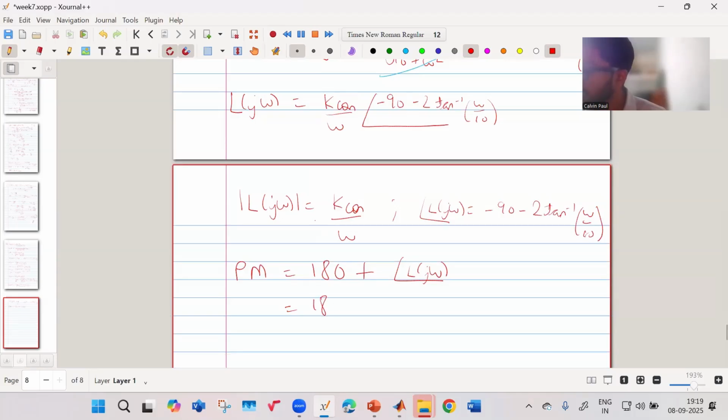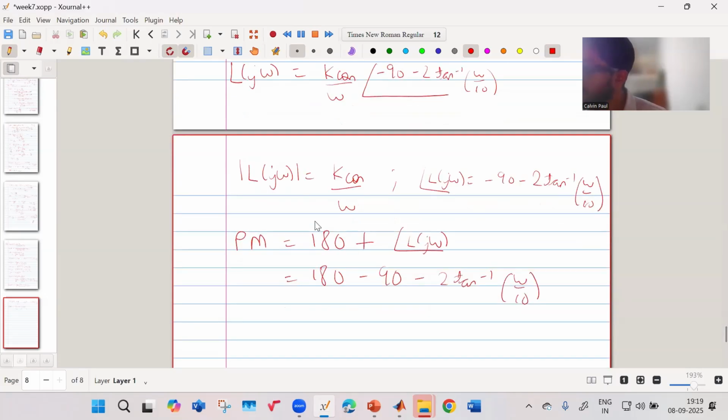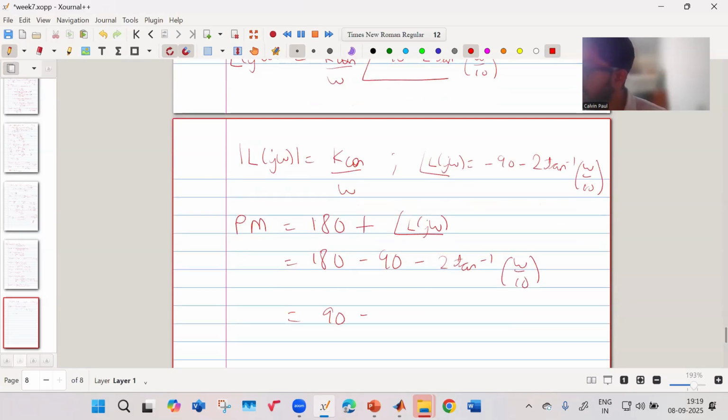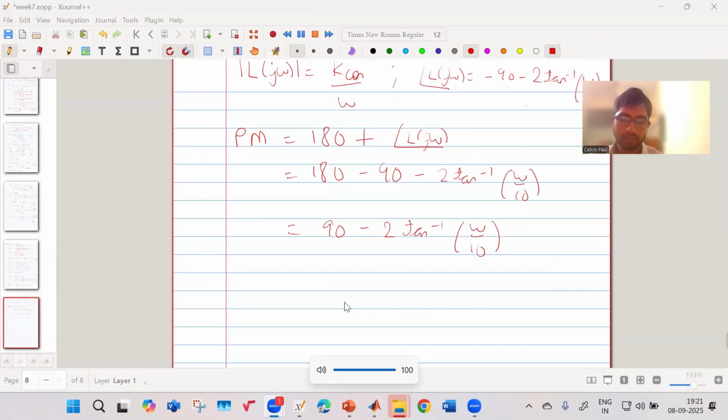So that is 180 minus 90 minus 2 tan inverse of ω by 10. So that is equal to 90 minus 2 tan inverse of ω by 10. So we have got this.